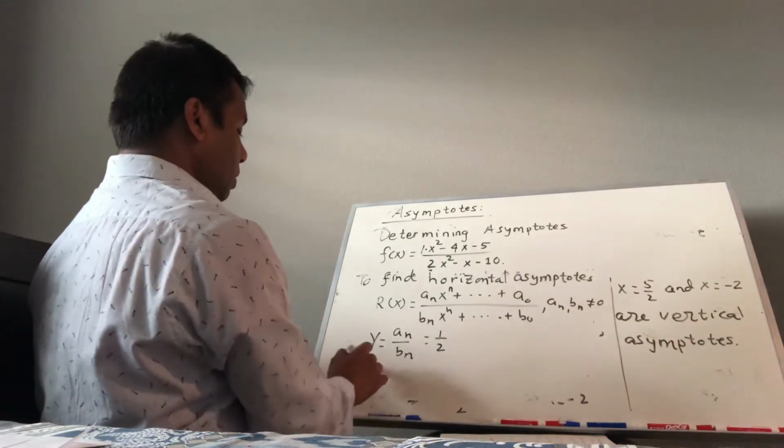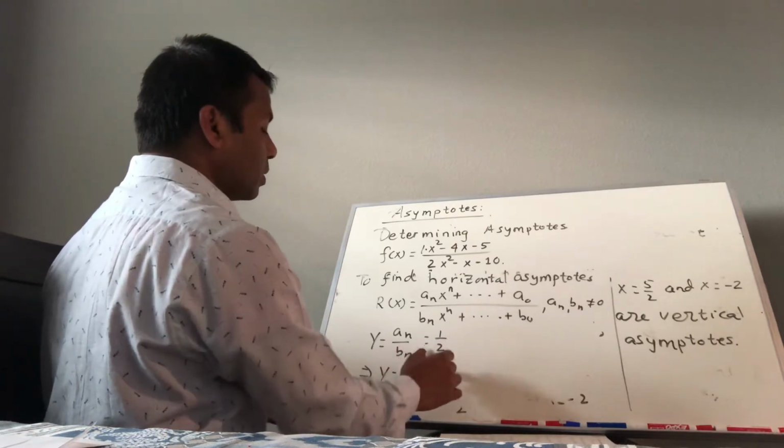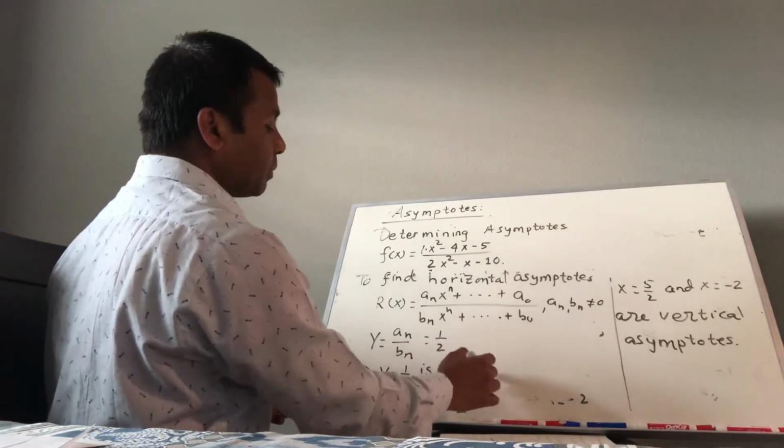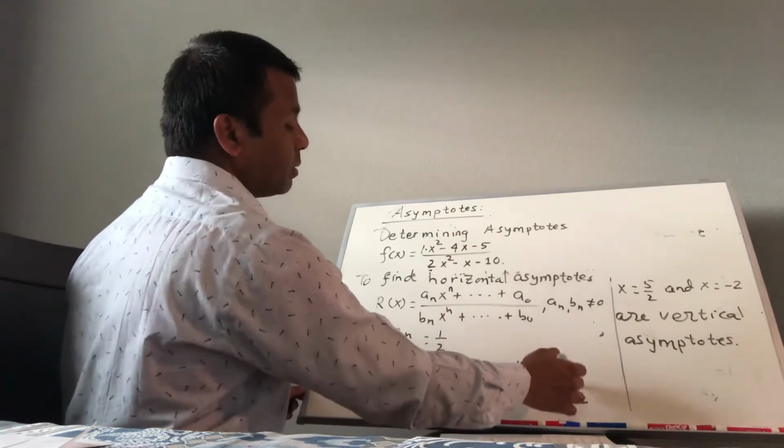So y equals 1/2 is the horizontal asymptote.